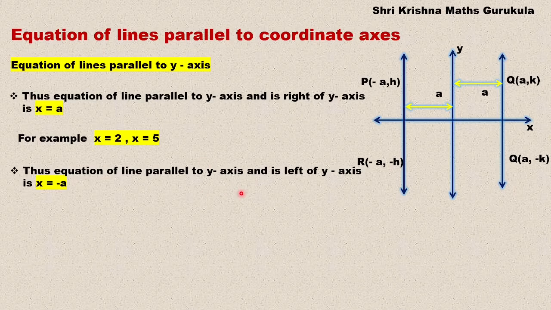The equation of a line parallel to the y-axis and to the left of the y-axis is x equal to minus a. So it is at a distance of a units but to the negative side of the x-axis. That is why it is x equal to minus a. So it can be x equal to minus 3, x equal to minus 10 depending on the distance from the y-axis. These are the equations of lines parallel to the y-axis.